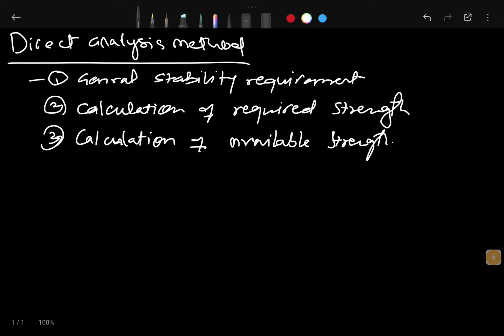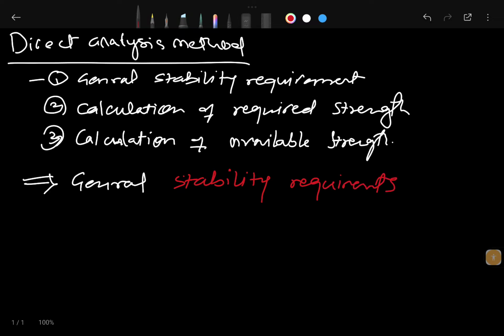Now, what are the requirements for general stability? What procedure do we have to consider for this?